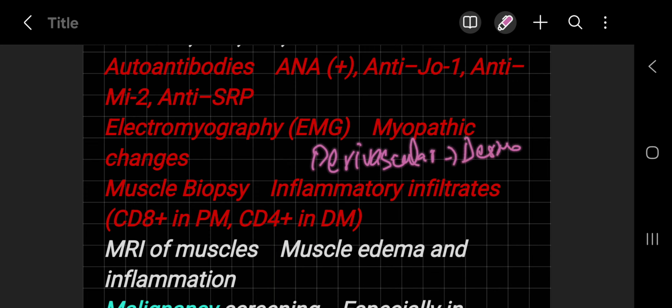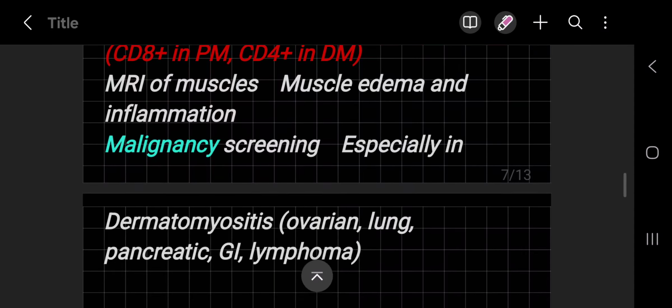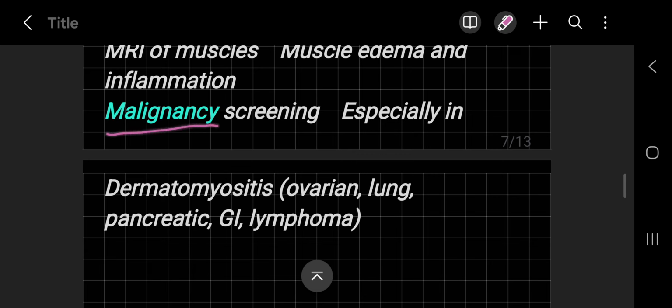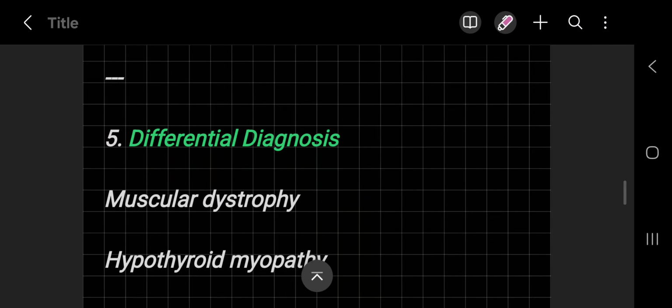In case of dermatomyositis, these inflammatory infiltrates are perivascular, while in case of polymyositis, these inflammatory infiltrates are fascicular, that is, muscle is involved in inflammation itself. You should also go for malignancy screening, because I have told you dermatomyositis has a very strong association with malignancies, especially ovarian malignancy. So you should go for malignancy screening also, especially ovarian malignancy.